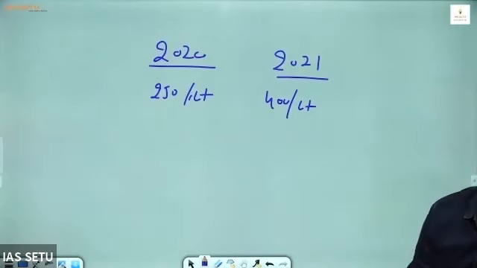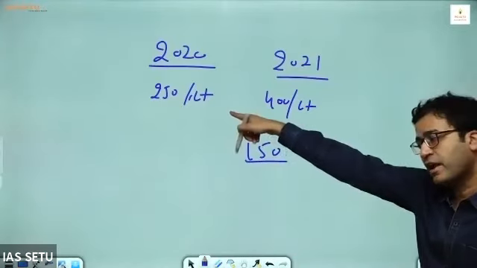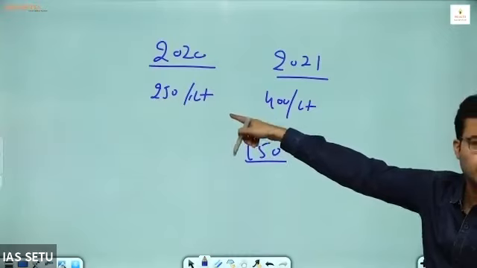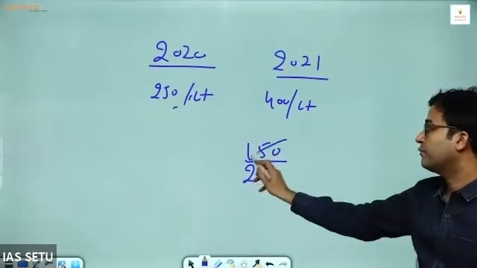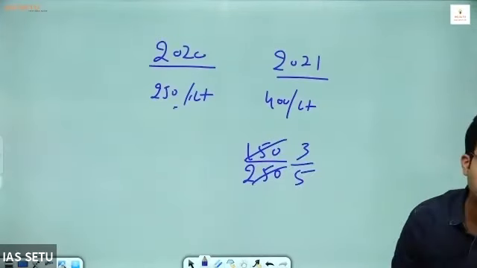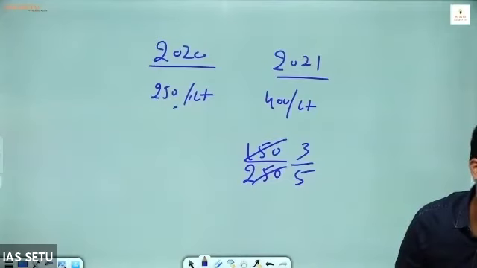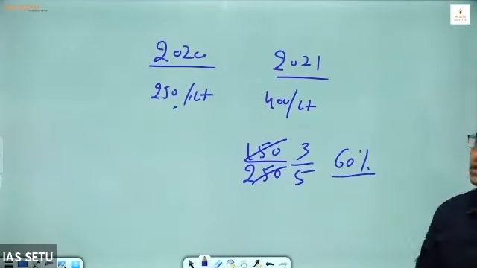Difference upon reference, 250 to 400, there is an increase of 150. Difference is 150. Reference किसके ऊपर increase है? 250 को. This value is reference. 1 by 5 is 20%, 2 by 5 40%, 3 by 5 60%. So this is 60% increase.